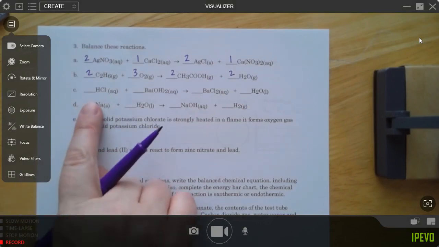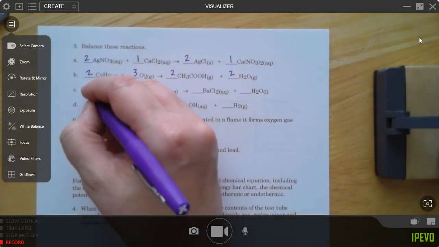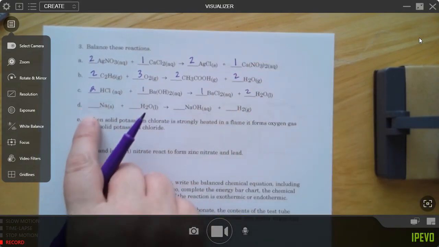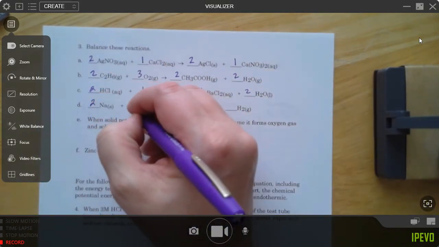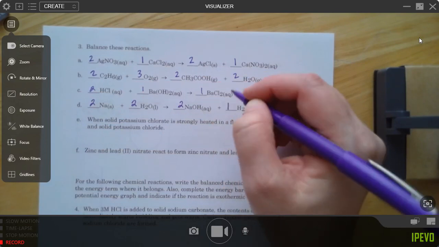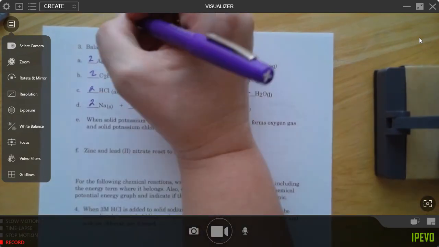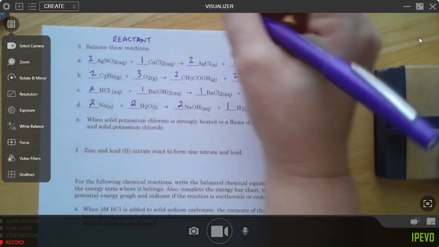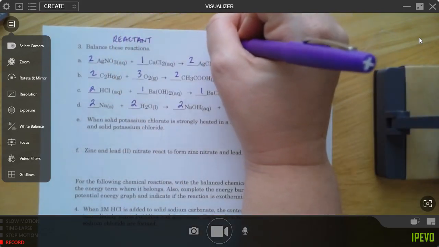For part C, 2, 1, 1, 2. For D, 2, 2, 2, 1. And on all of these, this is the reactant side. Over here is the product side, the stuff that's produced.